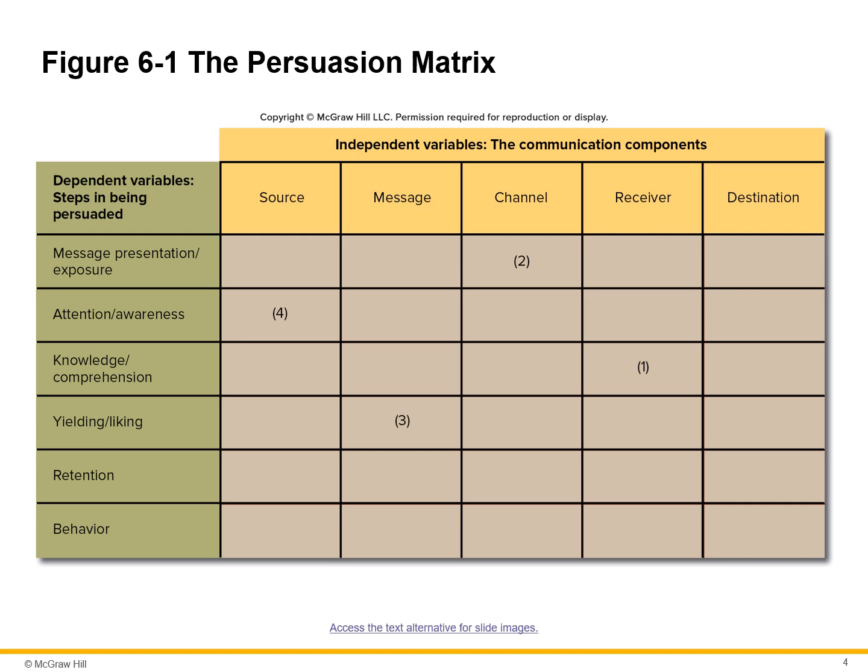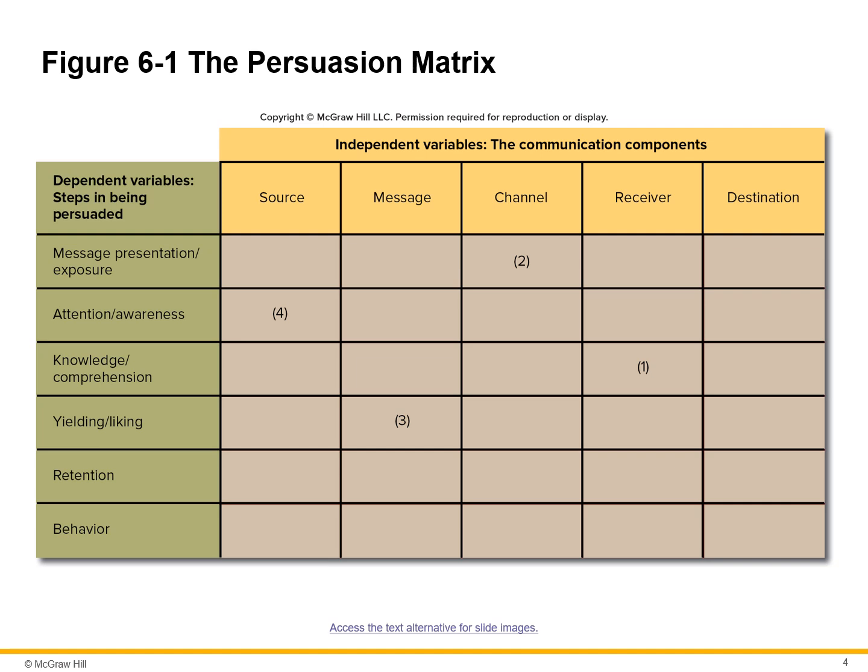There are dependent variables, the steps in being persuaded by the consumer. The message presentation and exposure: how are they exposed to the presentation of the message? And their attention and awareness process, where you get their attention and make them aware of your message.